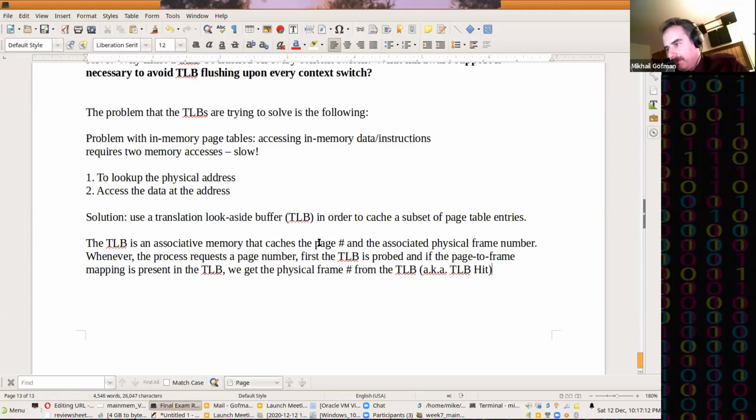TLB hit, okay? Otherwise, if the mapping is not present in the TLB, then the page table is probed, okay? That's basically the idea. So TLB caches a subset of entries from the page table in order to speed up the virtual to physical resolution, okay? That's basically the idea, all right?